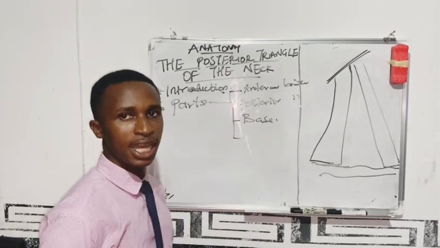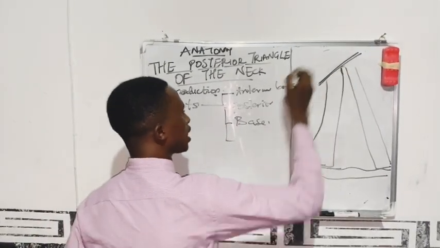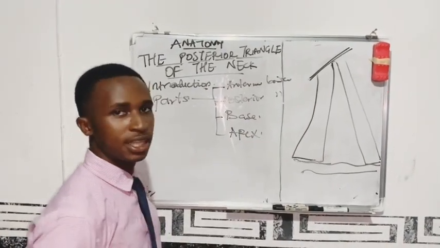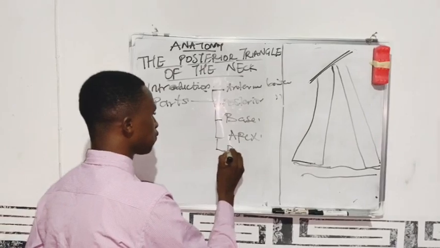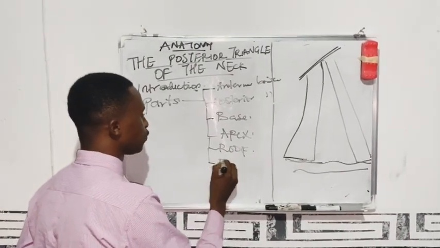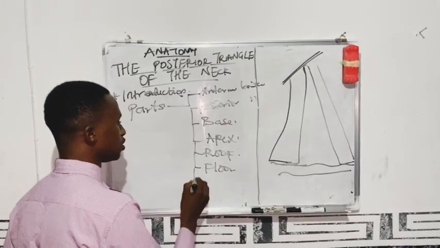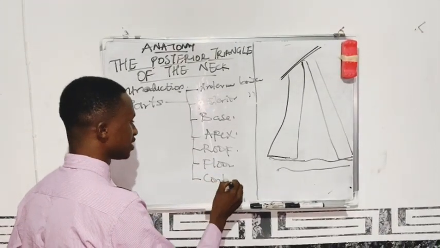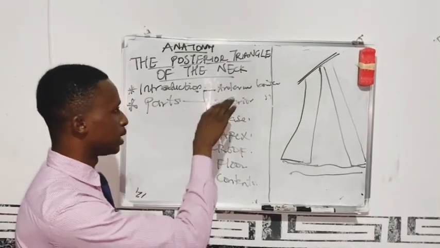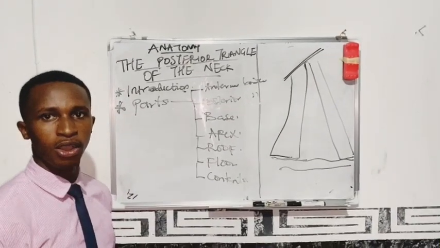It has another aspect which we refer to as the apex. It has the roof. It has the floor, and it also has some contents. So let's discuss this aspect of the posterior triangle of the neck.